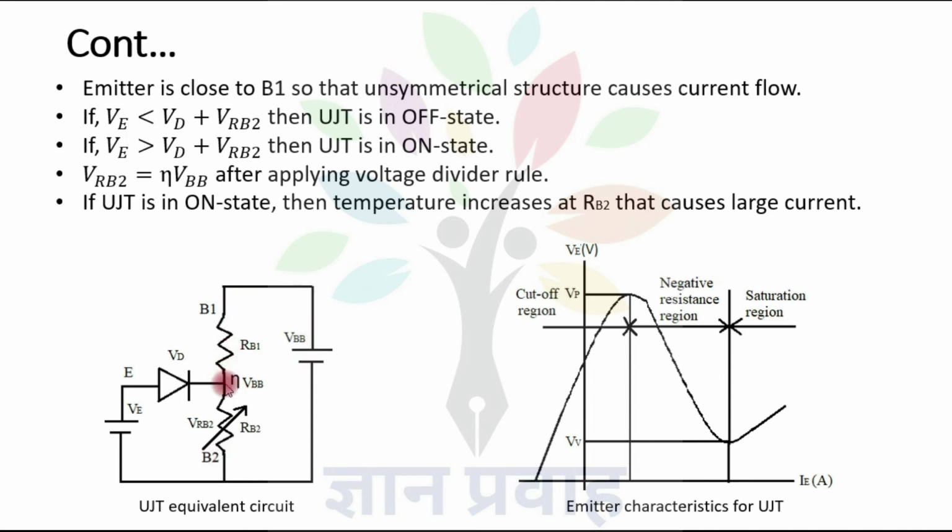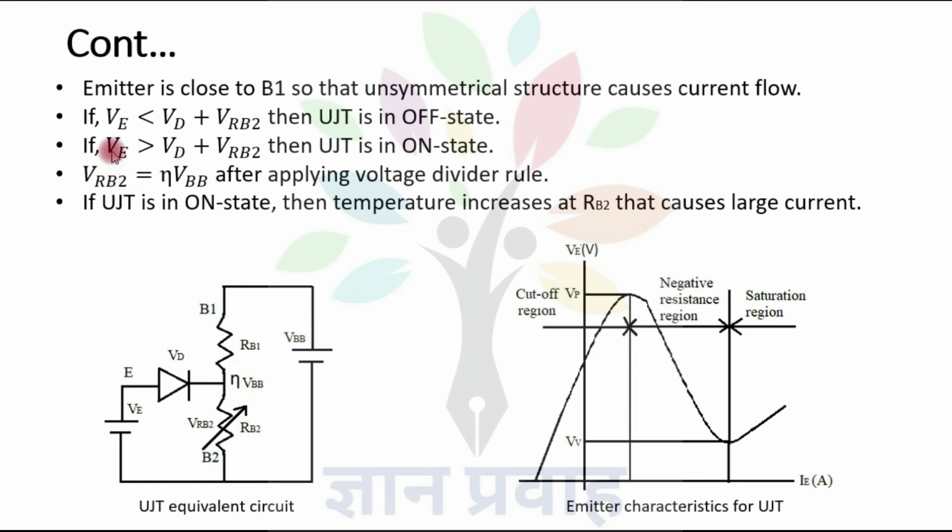So at this point the voltage is eta VBB by applying the voltage divider rule, because eta VBB is nothing but the voltage across this resistance RB1, and by applying the voltage divider rule, the voltage across this resistance is RB1 upon RB1 plus RB2 into VBB. So RB1 upon RB1 plus RB2 is nothing but the intrinsic standoff ratio or eta. So here we are simply showing eta VBB.